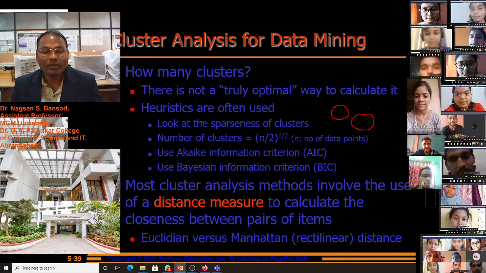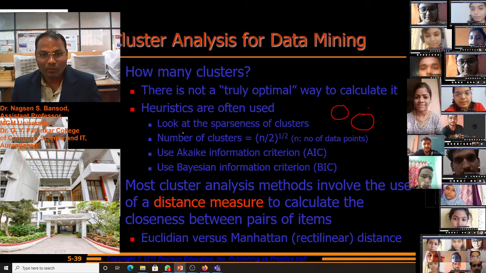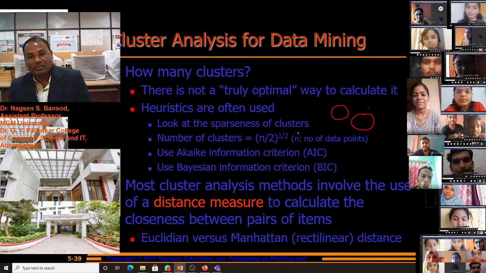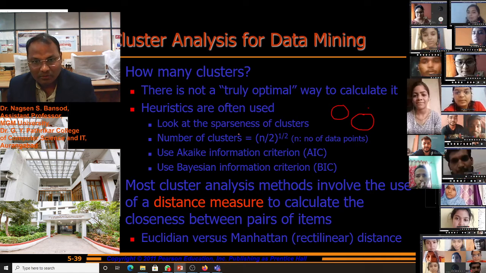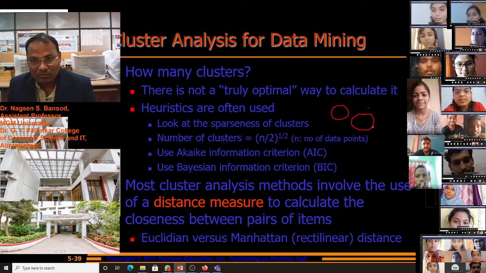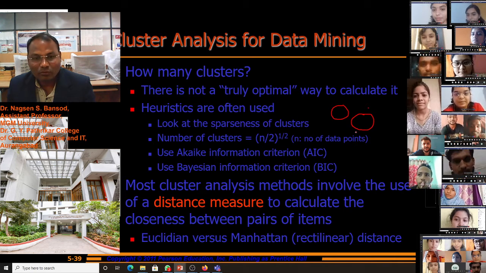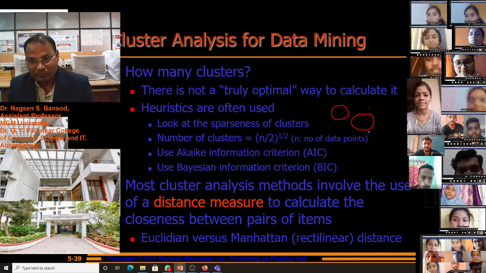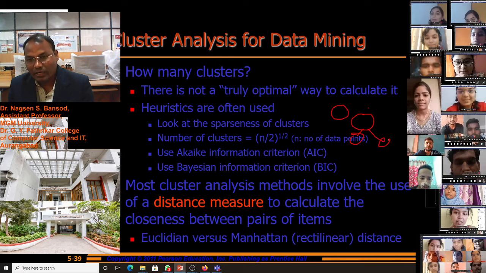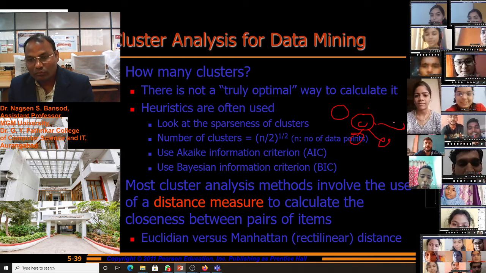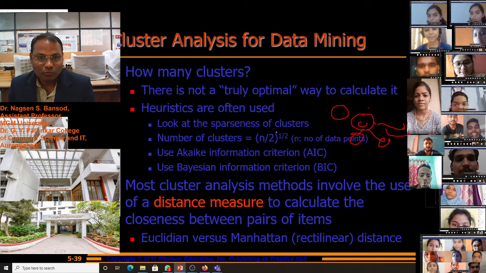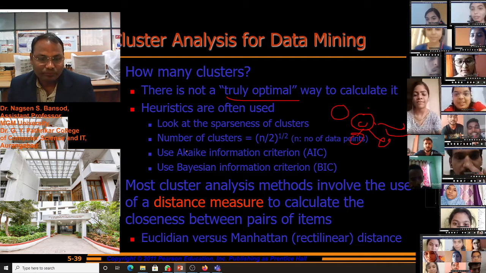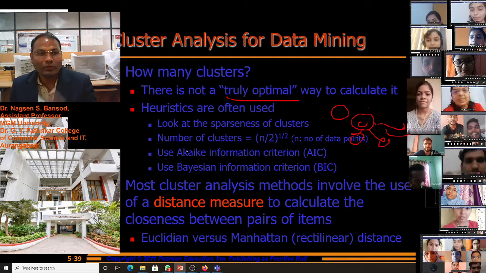But there are some heuristics often used. We have to look at the sparseness of the clusters, meaning we have to study all the attributes of the clusters to reach the truly optimal, accurate value of the result.